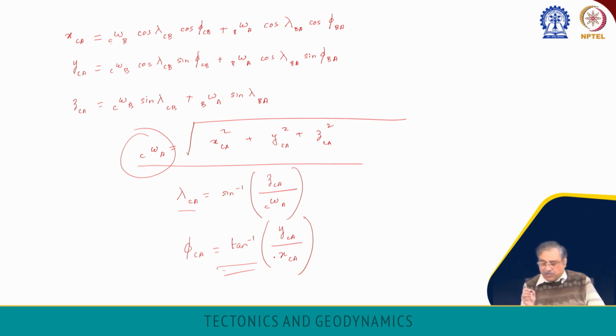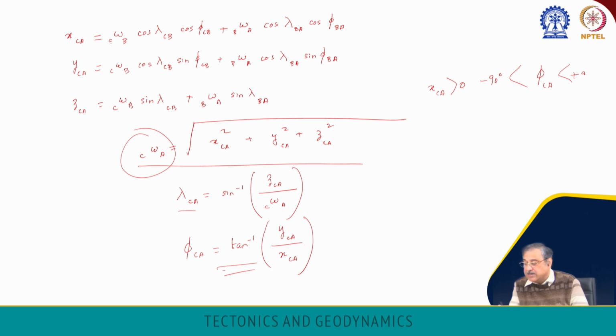Here, the most important thing is the value of xCA. If xCA is greater than 0, that is, if it is positive, then the longitude phi CA will have a value between minus 90 degrees and plus 90 degrees.